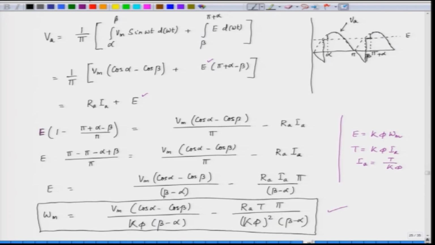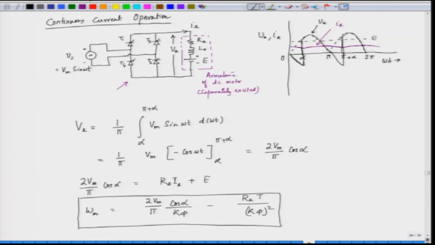Now, let us see this characteristic. When we go on varying alpha, the no load speed will change. However, the slope of the characteristic will almost be the same, because the armature resistance is not changed.